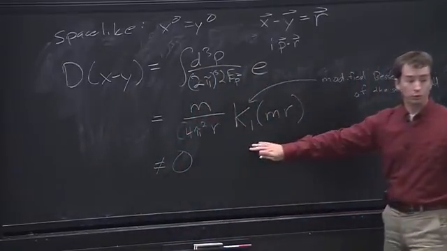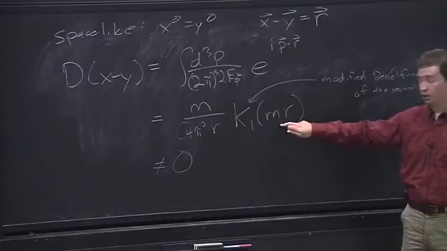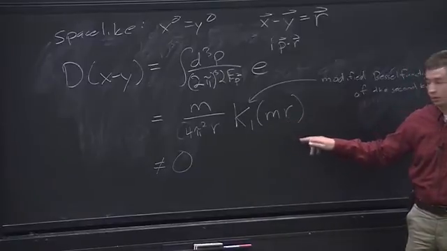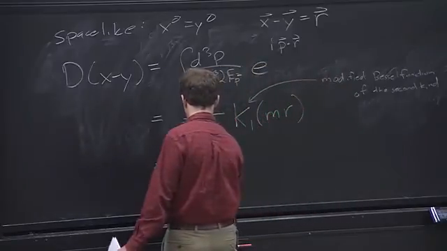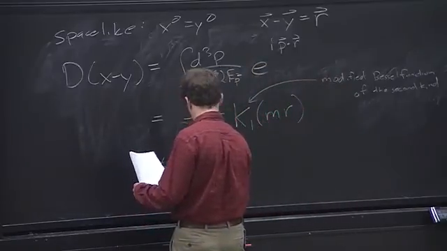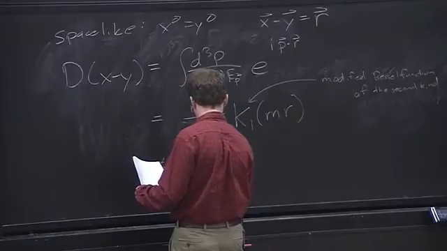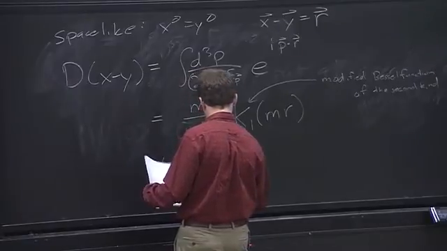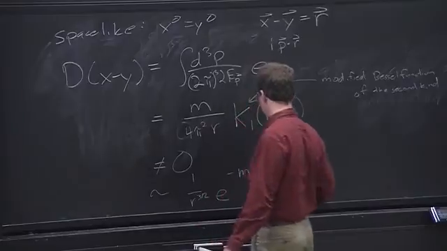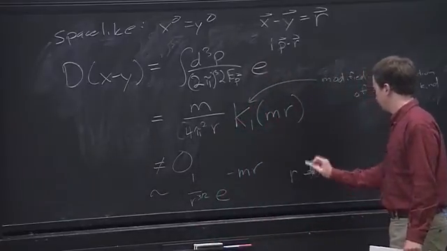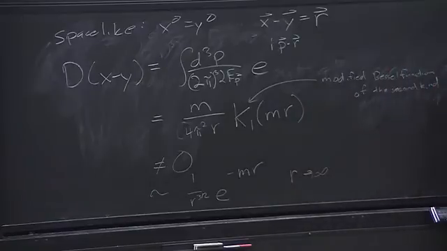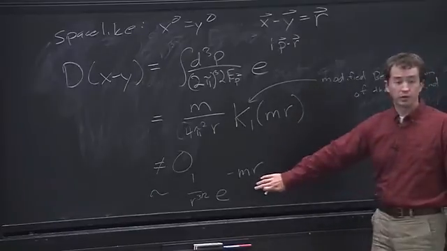It goes to 0 very rapidly as r becomes large. This goes like 1 over r to the 3/2 times e to the minus mr if r is large for fixed m, but it's not 0.